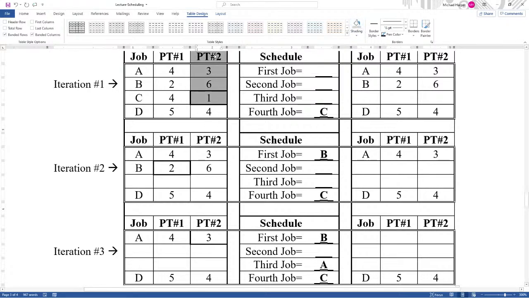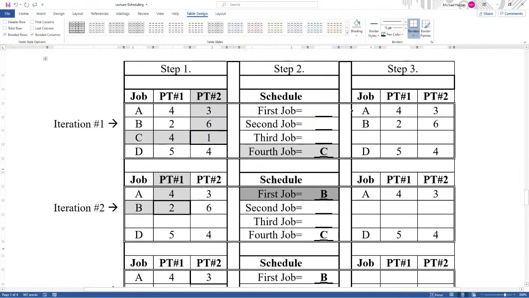The smaller jobs on the last server here will be later in the schedule. The smaller jobs on the first server will be early in the schedule. Notice this is the fourth job, and this is the first job. So I want to emphasize that. That's why I'm shading this in. That's the concept of Johnson's rule.